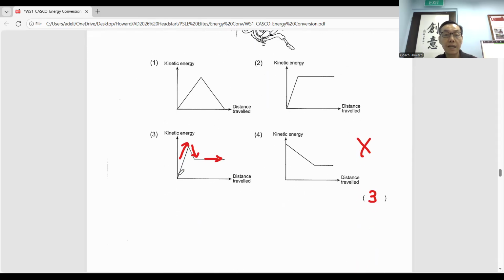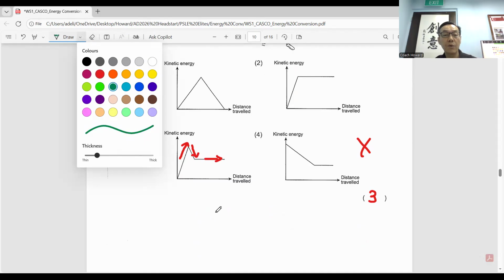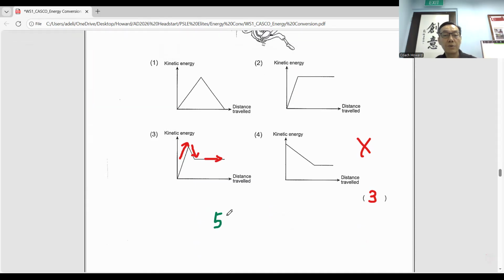That's why the kinetic energy increases, up to a speed of, just now we saw the video, the parachutist falling at 55 meters per second. According to the video, it's a very old video, but it's good to appreciate the video.